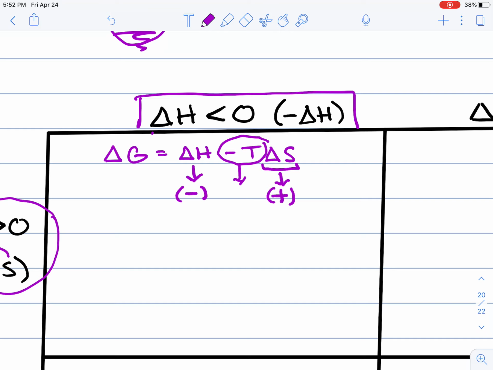T will always be positive. And if we multiply these two together, negative times positive is, well, negative. And so I guess just to lessen the confusion, let me add one more item.